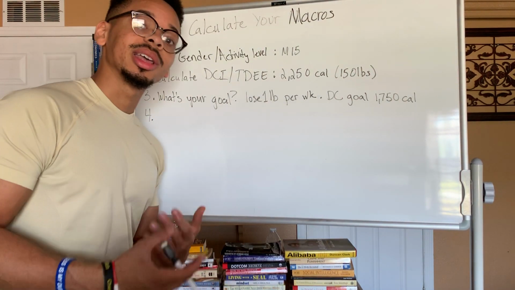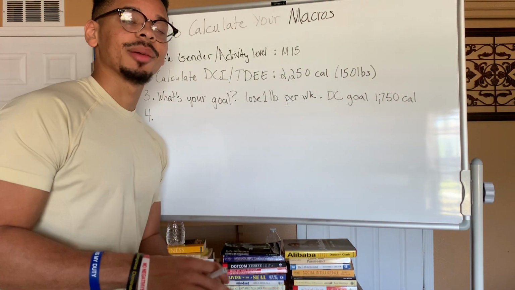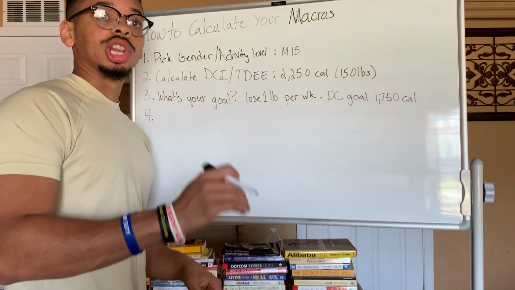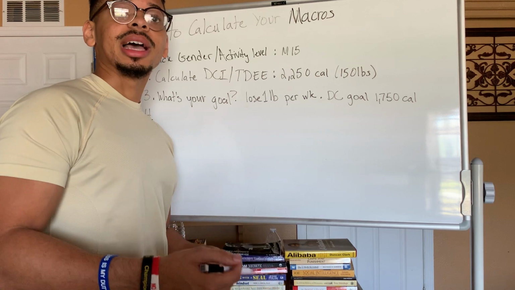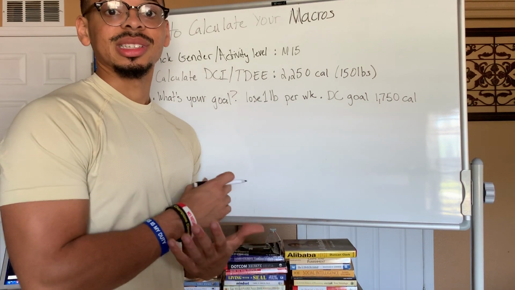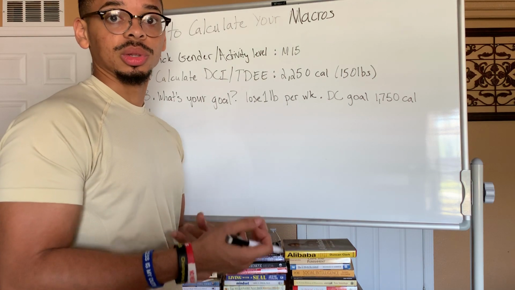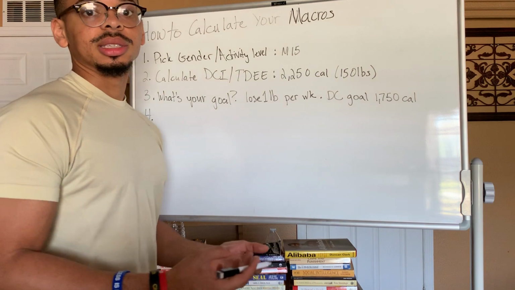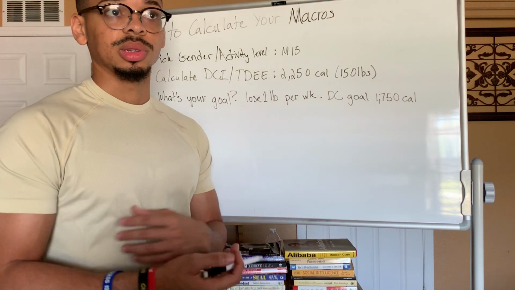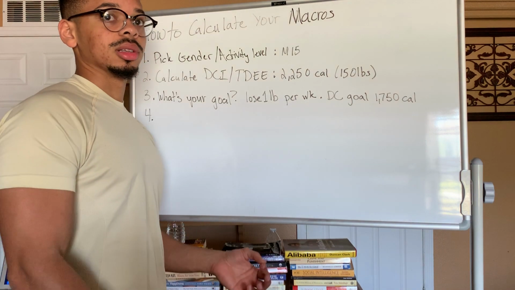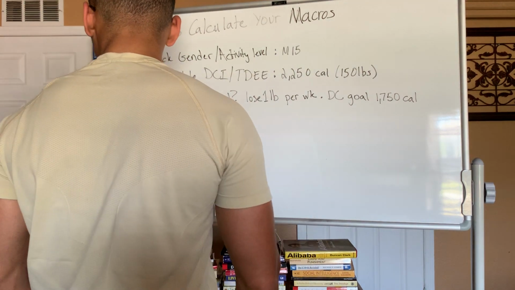Now you just need to know what exact proteins, fats, and carbs you need to eat in order to shed body fat as well as maintain a lean physique, right? You want to still maintain your muscle when you lose weight. That's the difference between losing weight and losing fat. Losing weight, you can lose muscle too. Losing fat, you're keeping as much muscle as you can as well as losing unnecessary weight.